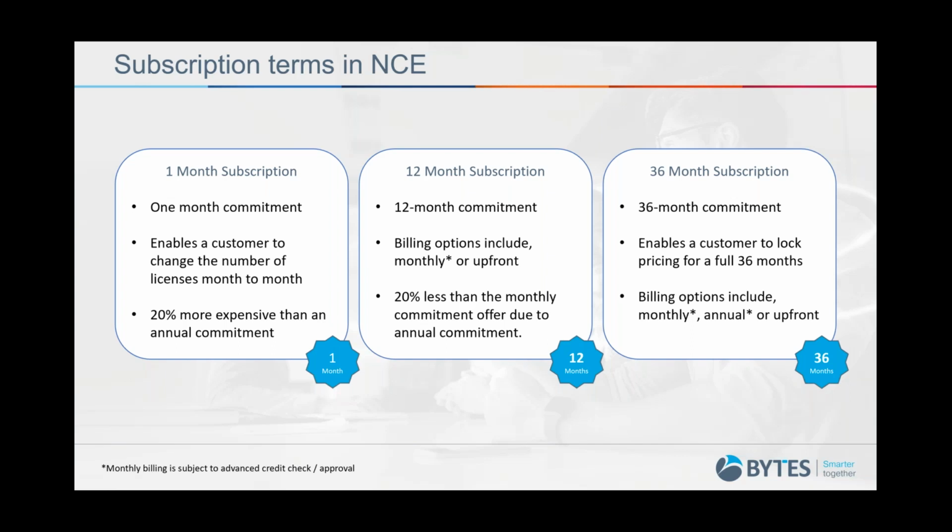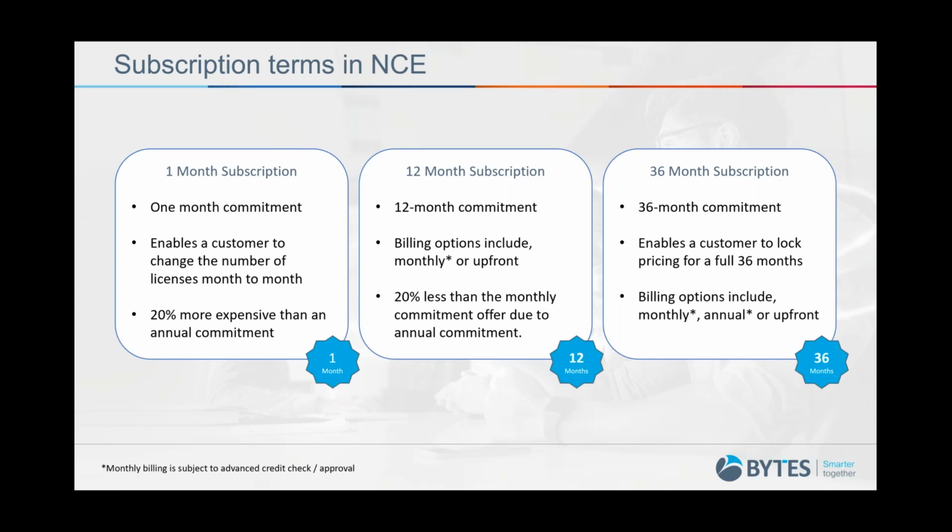The 12-month commitment will have 2 billing options. So we'll have a monthly or annual upfront. I'll come on to why I've put an asterisk on the monthly billing option there.